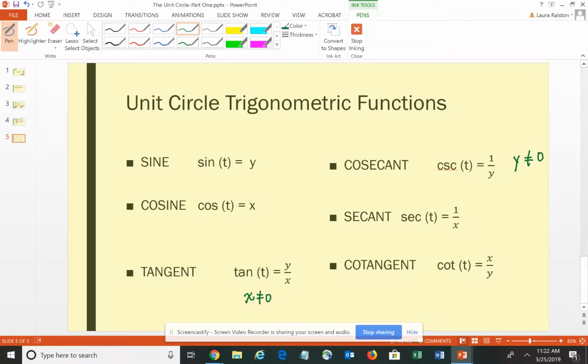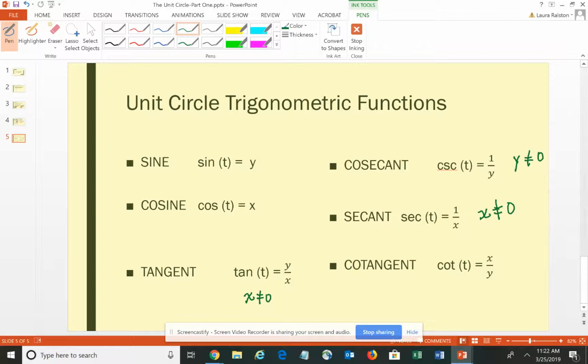Similarly for the secant, which is the reciprocal of cosine, we flip over the x, so that we have 1 over x is equal to the secant of t. And again, we need the little restriction that x cannot be 0 because you can't have 0 in the denominator of a fraction.